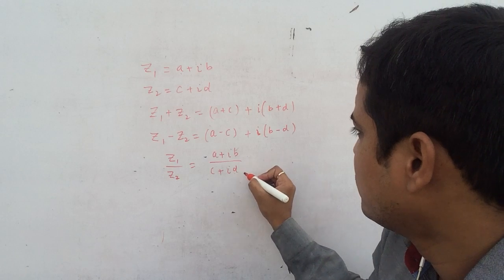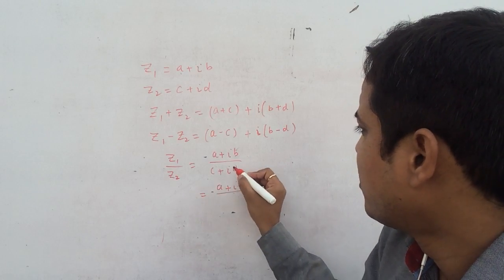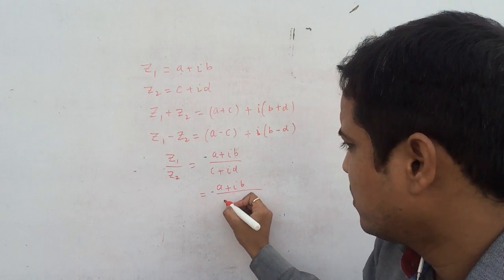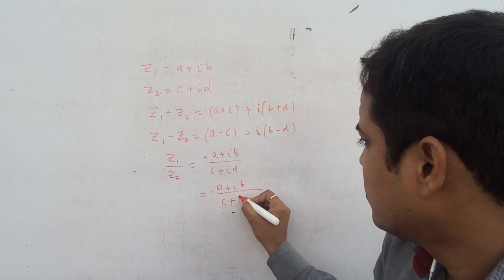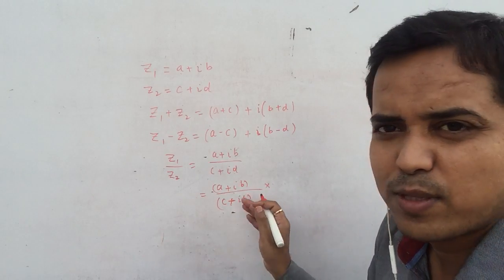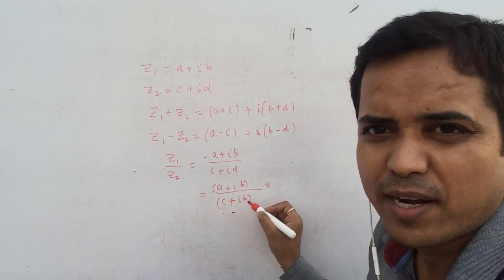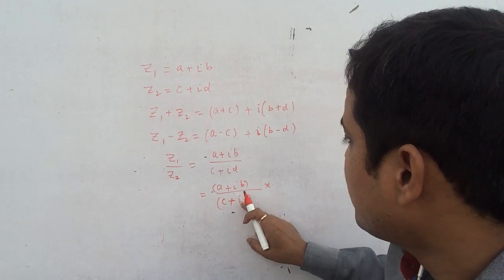So you can further solve it like this. The denominator cannot have the imaginary part, so we have to convert this into real. How? You have to rationalize this with the conjugate of the denominator. What is the denominator here? c plus iota d. What is the conjugate of this?